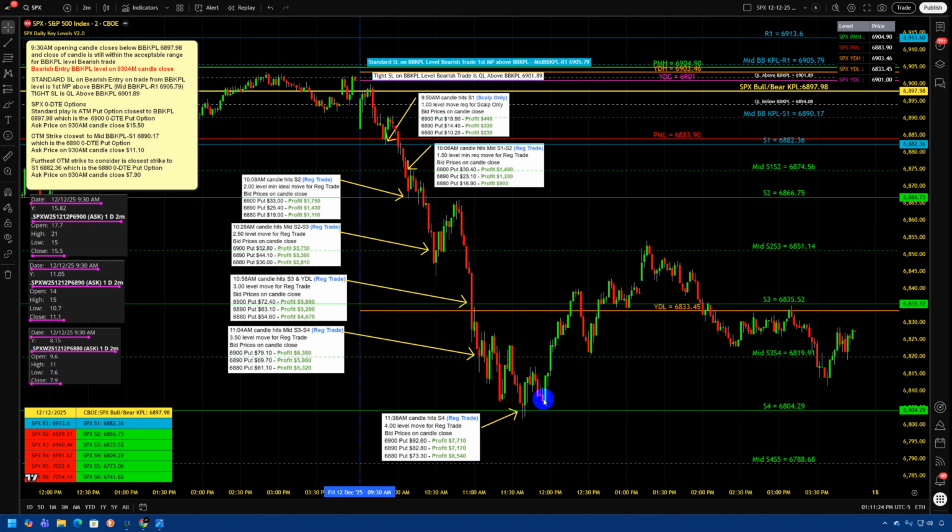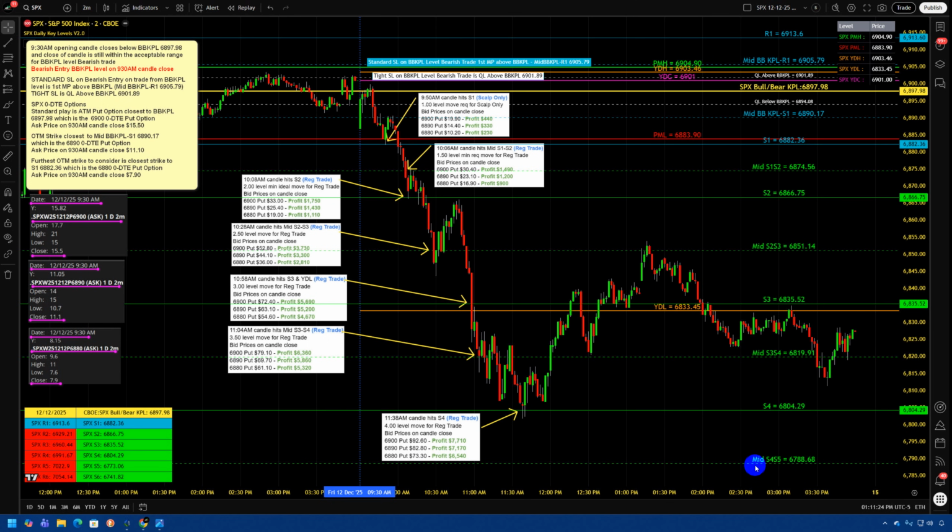Now, if you were looking for a bullish trade in all of this downdraft, this area here, after what appears to be things stabilizing, you could try a bullish trade off of S4.